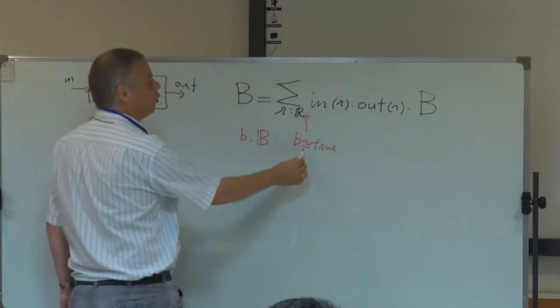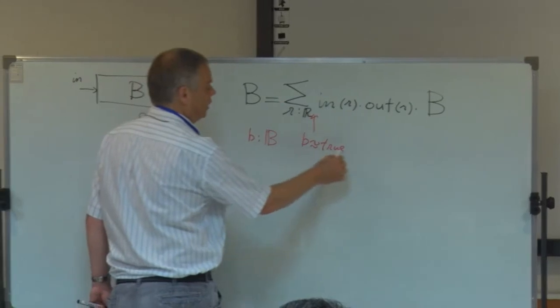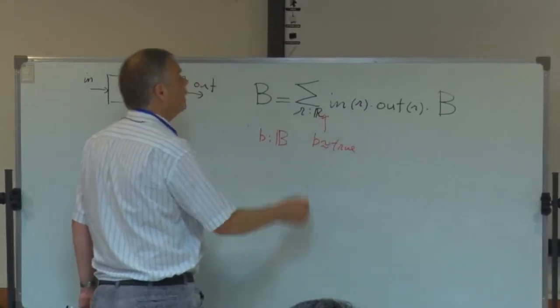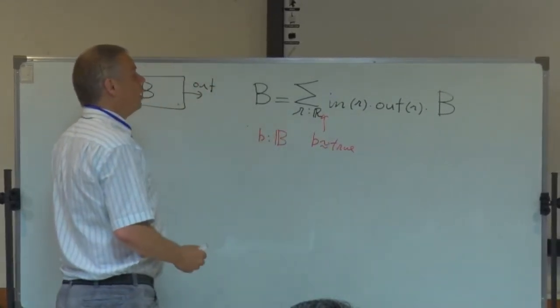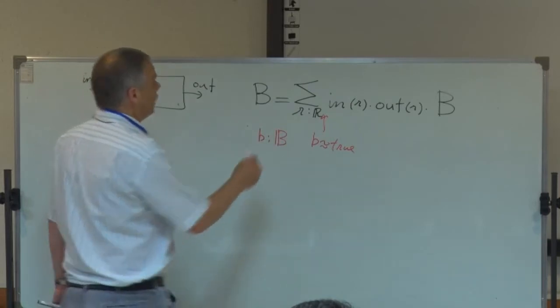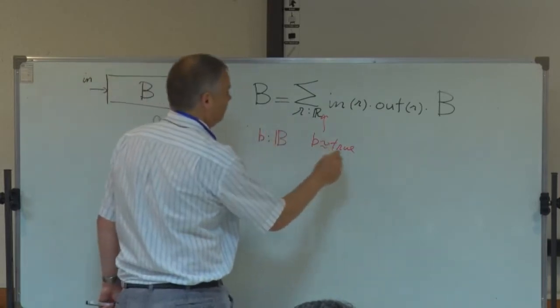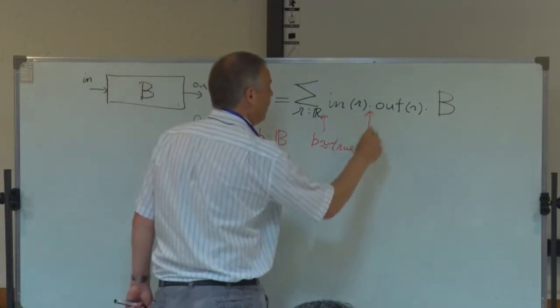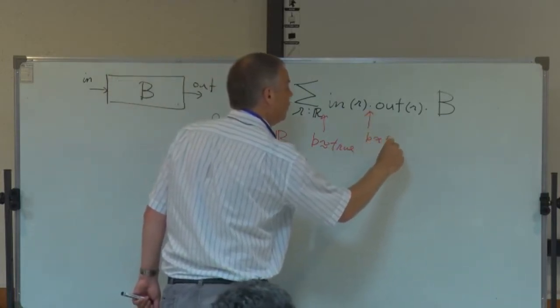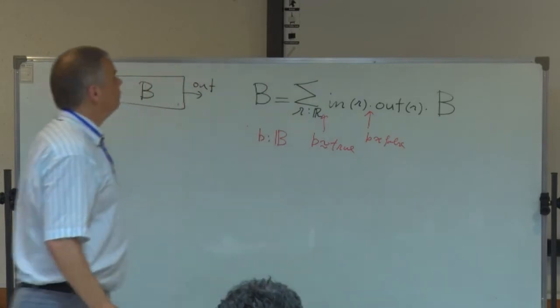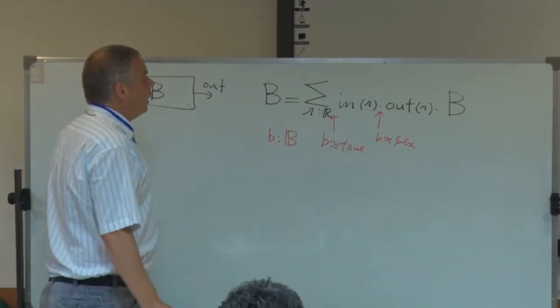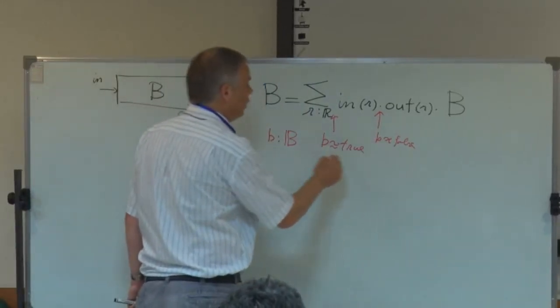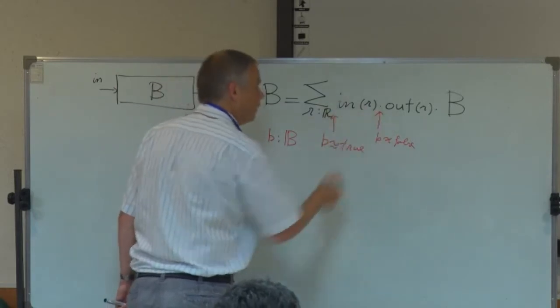I use this curly equals because this is equality on data types, and I use this equals as equality between processes. And here we take b is equal to false. And in this way, we store in b whether we are here or there.